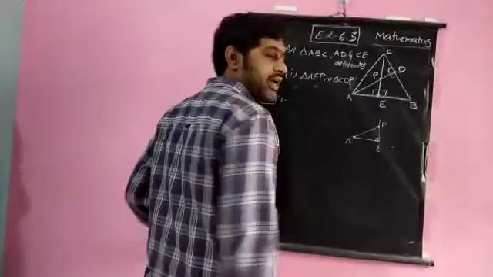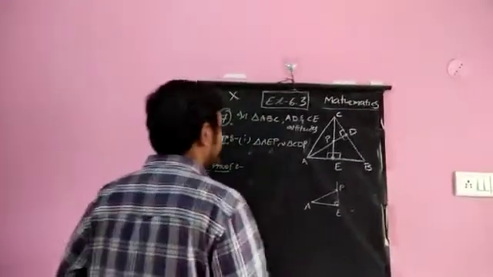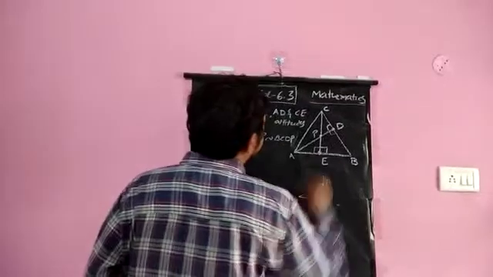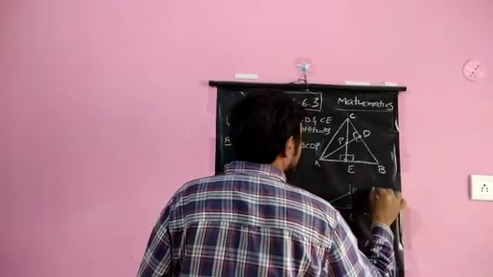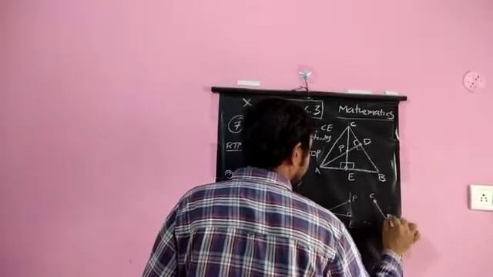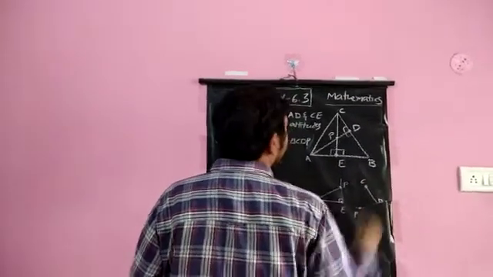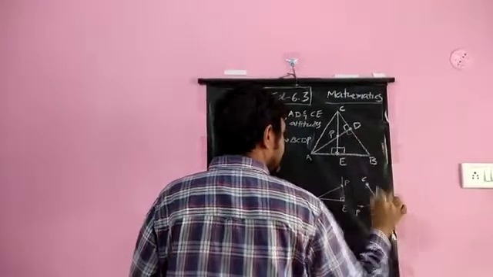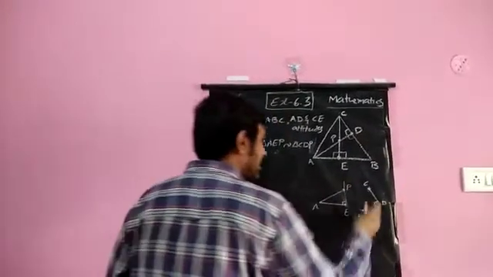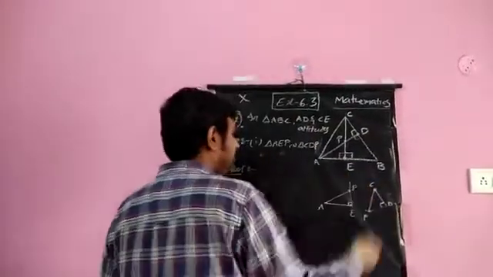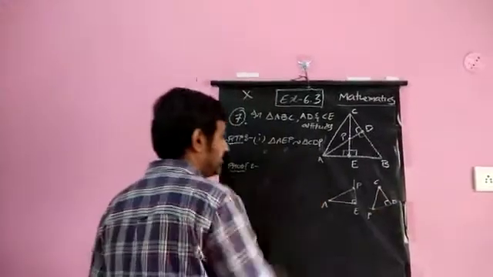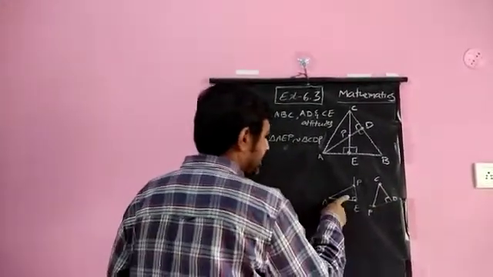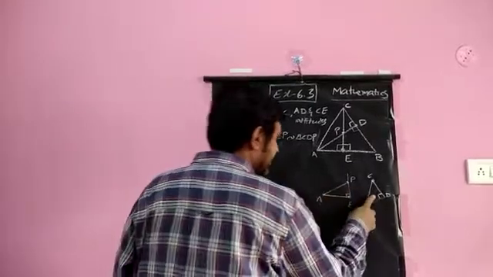One of the angles in triangle AEP is 90 degrees, and if I take triangle CDP and draw it, at D it has 90 degrees. So you need to see only these two triangles instead of the whole figure. Now in triangle AEP, the angle at E is 90 degrees, and in CDP, at D is 90 degrees.